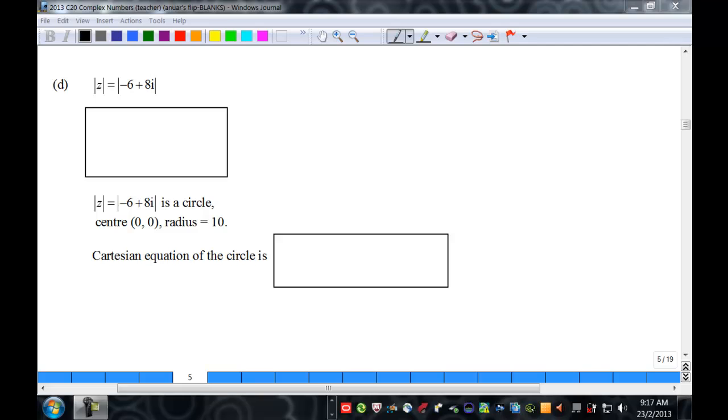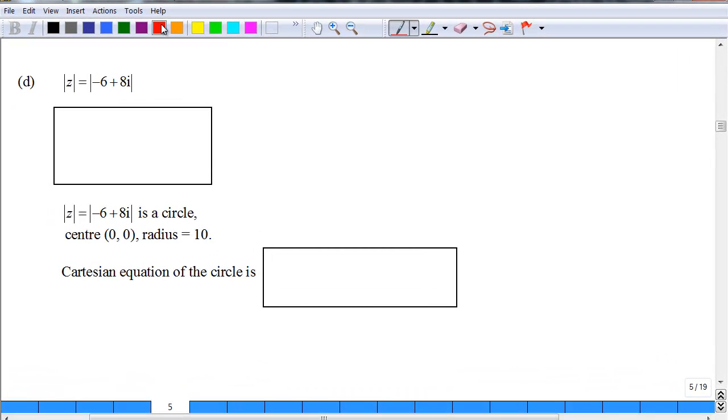Now, in example 29D, it seems to show you that both sides are modulus, but be very careful. Please be observant that the right side, which is the modulus of -6 + 8i, is just a fixed value. This fixed value is the square root of (-6)^2 + 8^2.